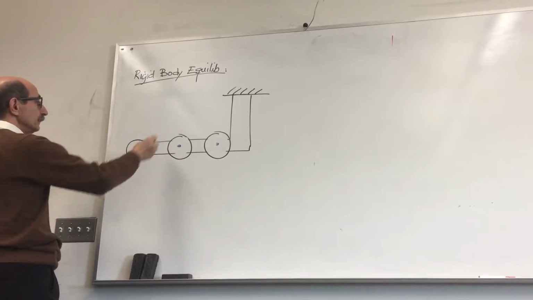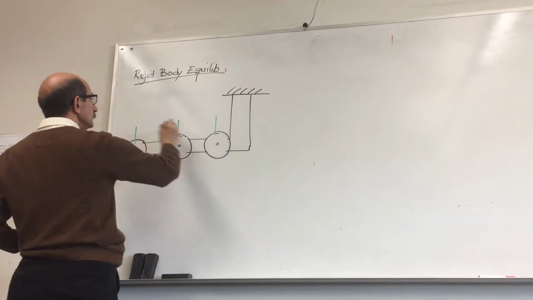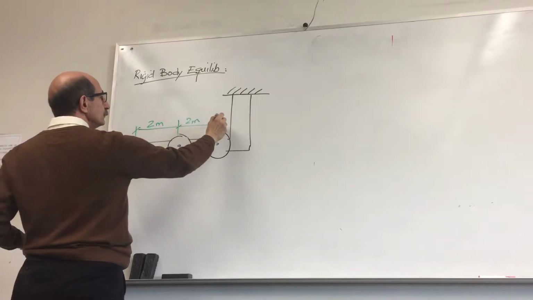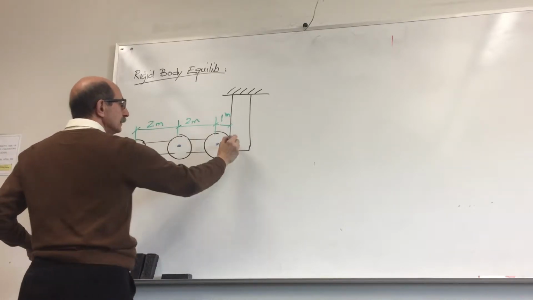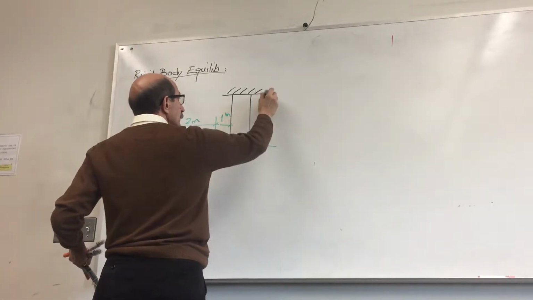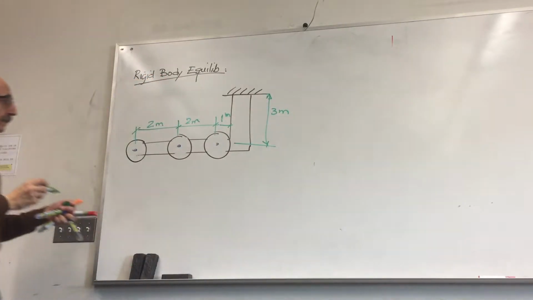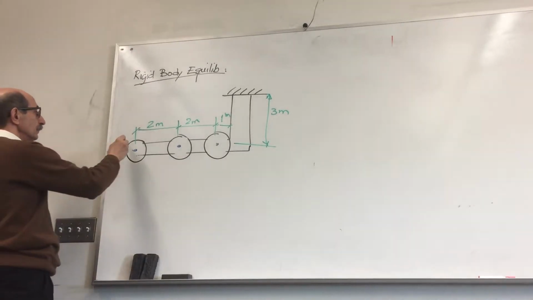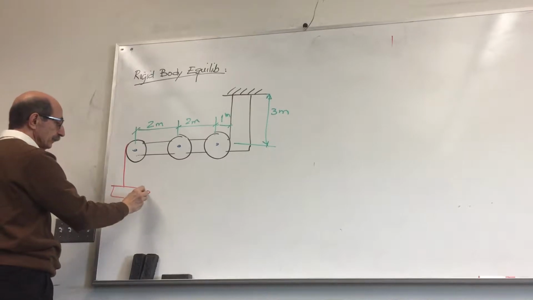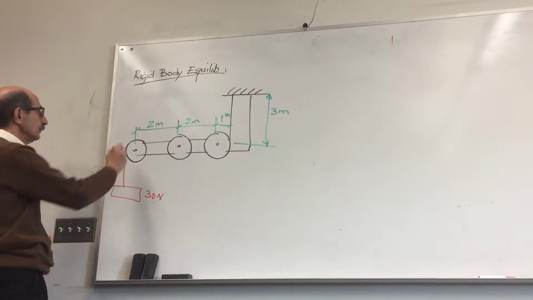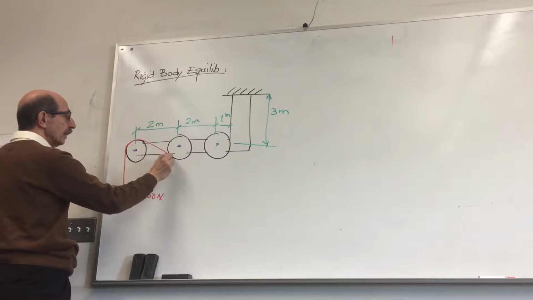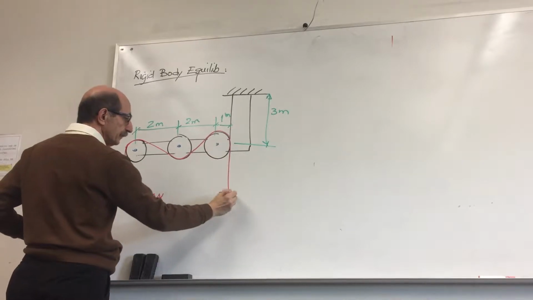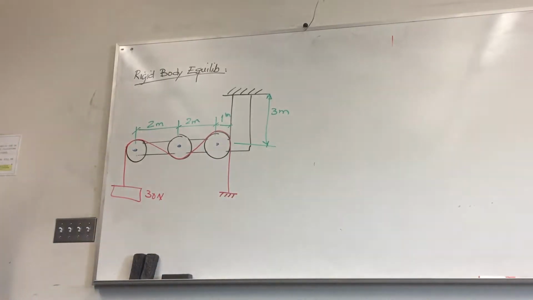Let's give these distances: this is 2 meters, 2 meters, and this is 1 meter. This distance is 3 meters. And you have a cable holding a 30 Newton weight here, goes around this pulley, wraps around this one, goes here, comes down, and is attached to the ground, okay?